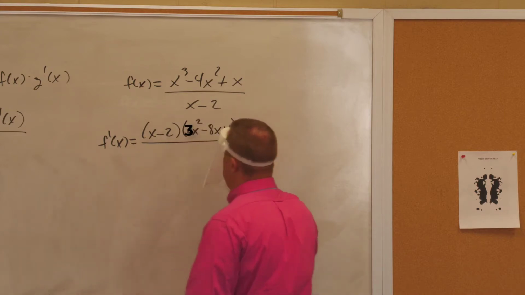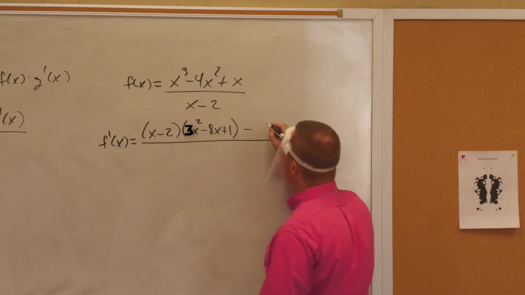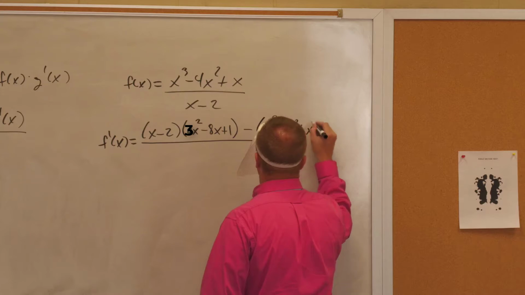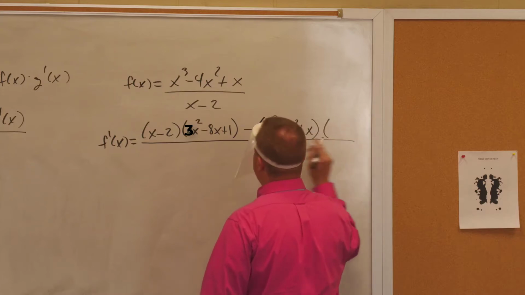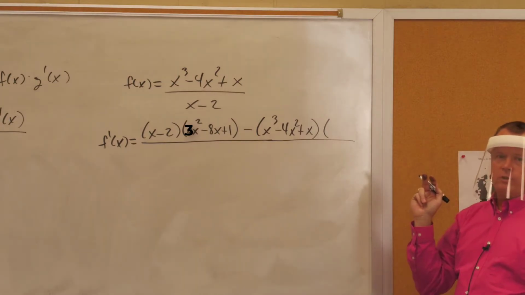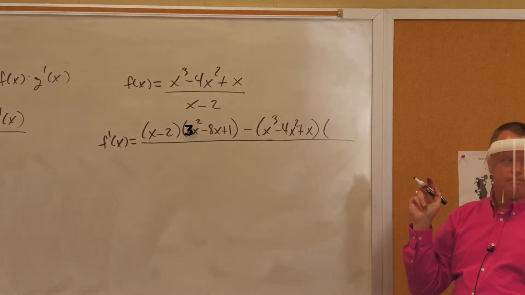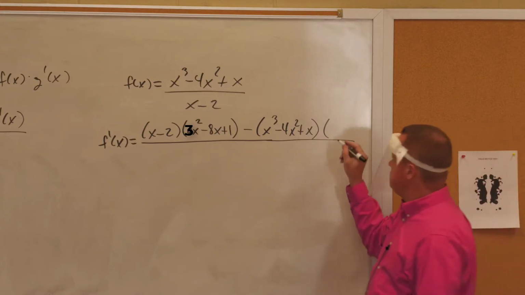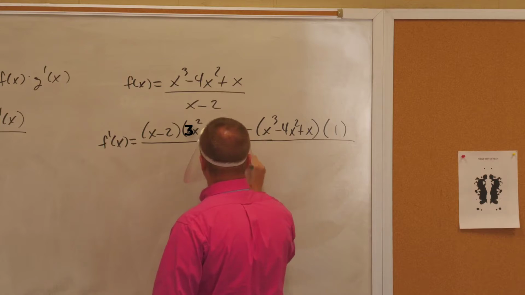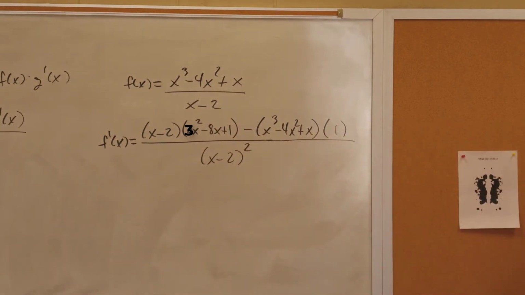So that is the bottom times the derivative of the top, minus the top times the derivative of the bottom. What is the derivative of x minus 2? 1. And then over the bottom squared. Okay, any questions about that step?